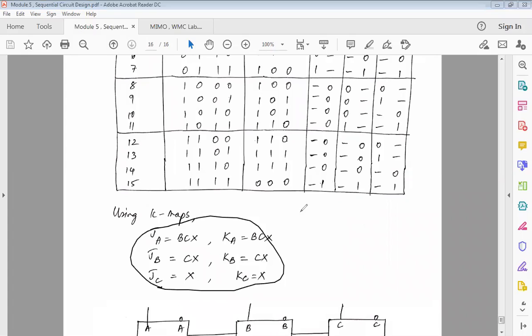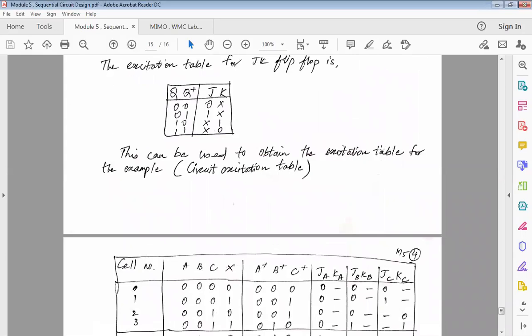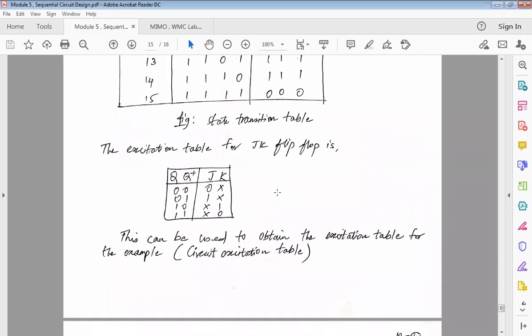So what do we do after we get an equation? Logical gate implementation, correct. So we go with our implementation of logic gates. Now for this case, we know that we have to use our JK flip flop. That is why we have taken the excitation of JK flip flop.